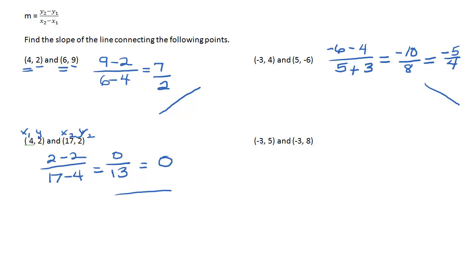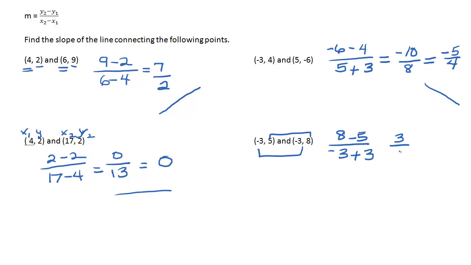Lastly, we have the ordered pair negative 3, 5 and negative 3, 8. So my second y minus my first y over my second x minus my first x, minus a minus again is a plus. 8 minus 5 is 3.